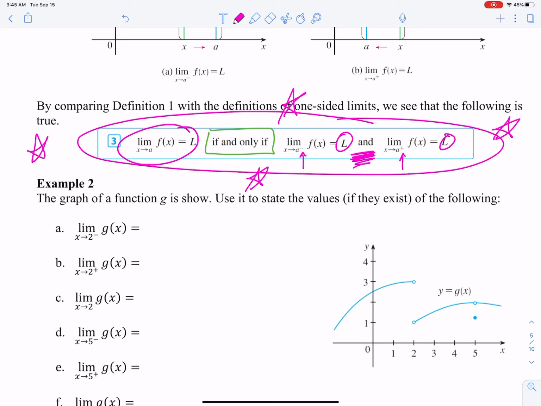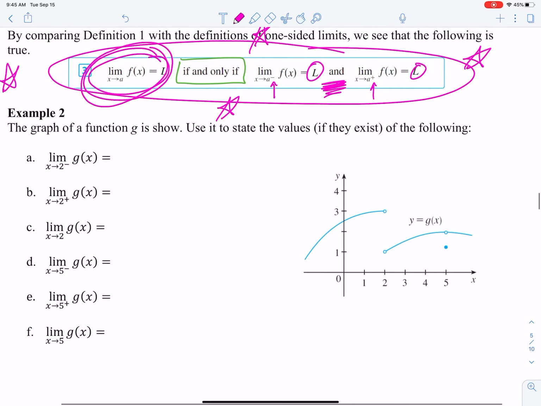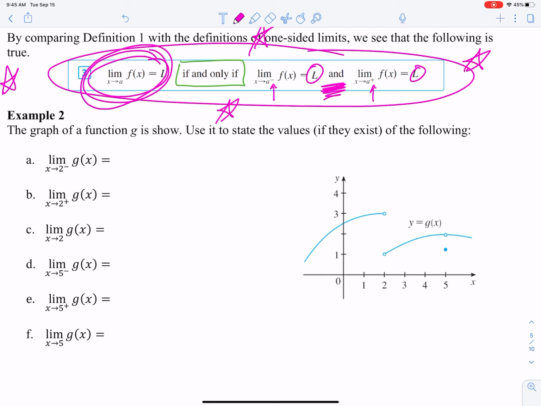If the limit's the same on the left and the right of some a value, then the limit exists at that a value. Okay? All right, so let's use that definition. You can see all the mess I made up there on that definition, but it's because it's extremely important that you know and understand that. You don't have to write it out symbolically, you just have to understand it. Okay? All right, so let's do this one here. All right, so a.